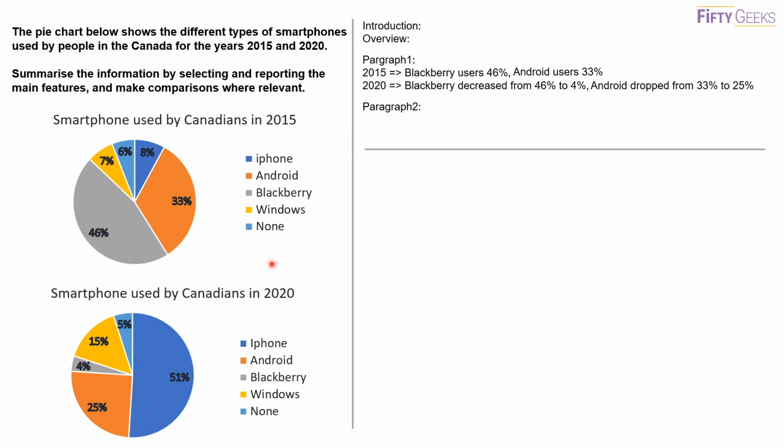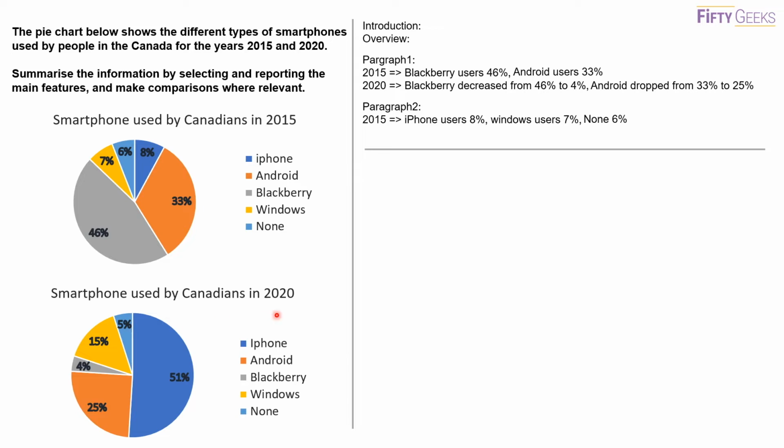I will write, in 2015, iPhone users were 8%, Windows Phone users were 7%, and people who did not own any phones were 6%. Now we will compare this data with the second pie chart.